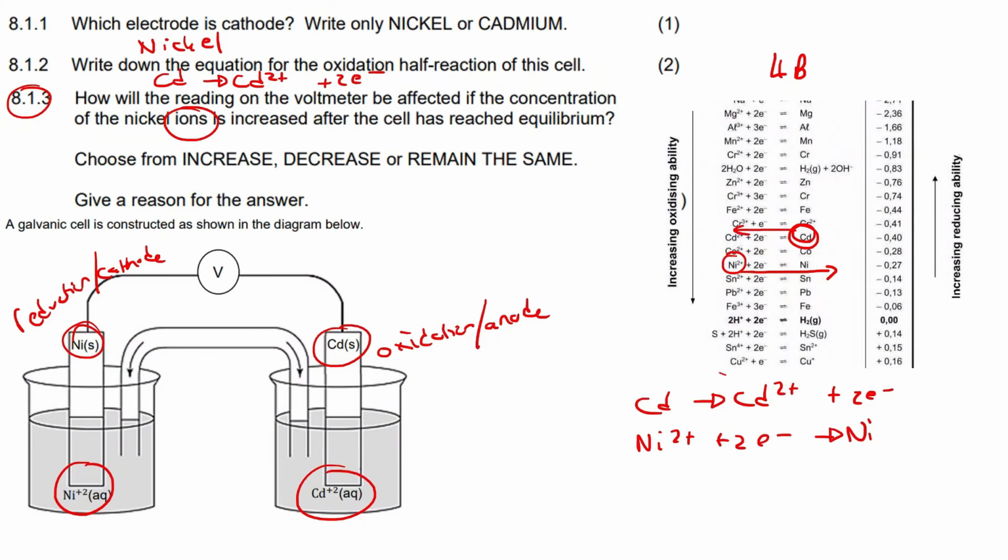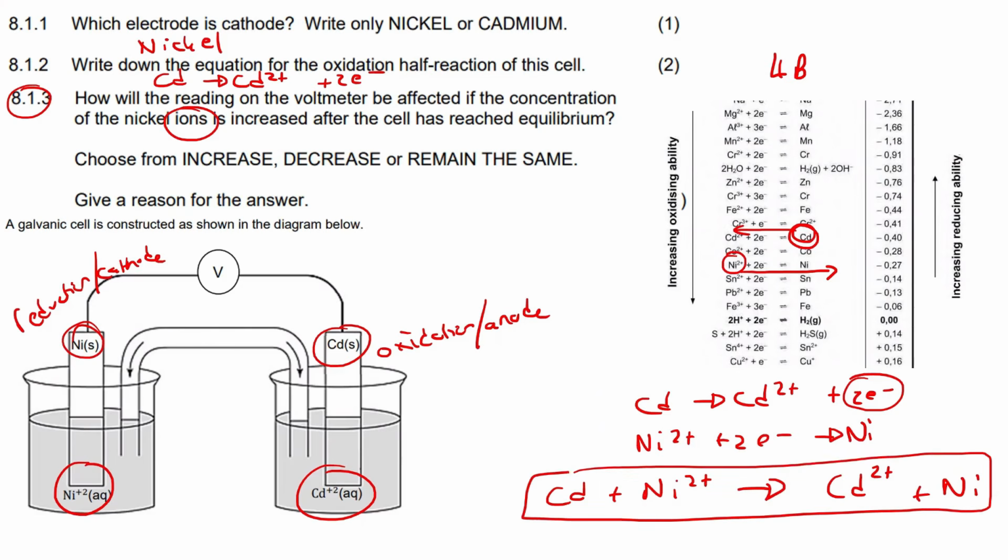To put these two together, you want to make sure the electrons are the same, which they are, so we don't need to do anything weird. You just put everything on the left side of the arrow together, and everything on the right side, and then the electrons cancel out. So this is the balanced equation taking place in this cell.